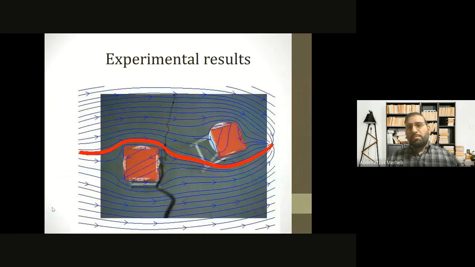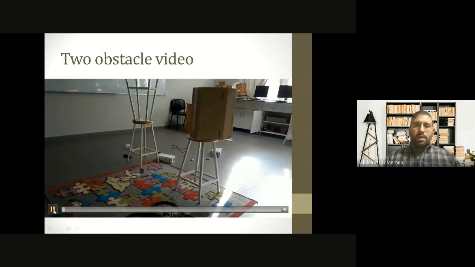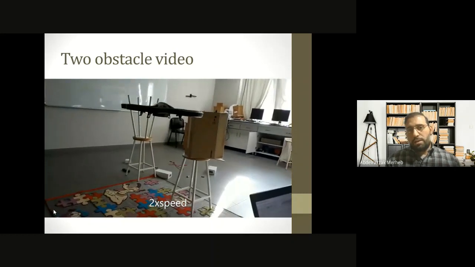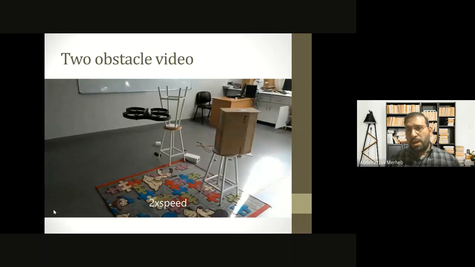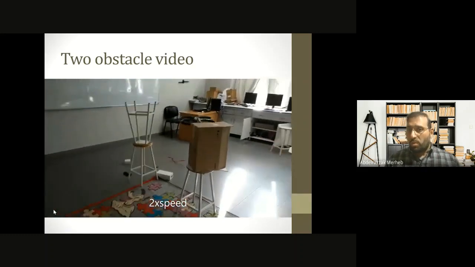And these are the experimental results with two obstacles. Again, the obstacles are in red. Here we have a video with two obstacles. As you can see, the quadrotor was successful in following the flow lines towards the goal point while avoiding all obstacles.